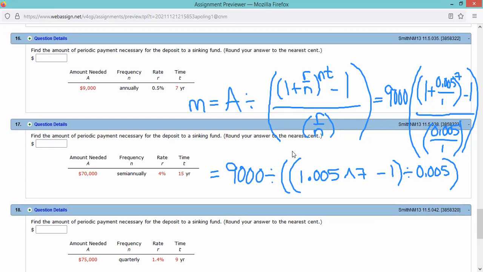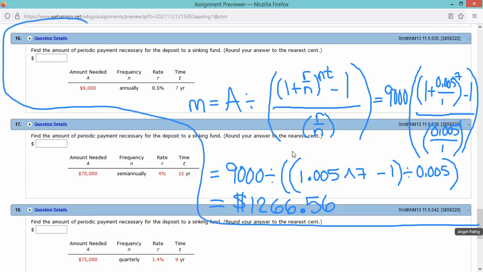I get the right answer, which is joyous. $1,266, and rounding up, 56 cents. So that was 16 right there, right? And so now we just have to look at these other ones and change a little bit. But that's the pattern now.